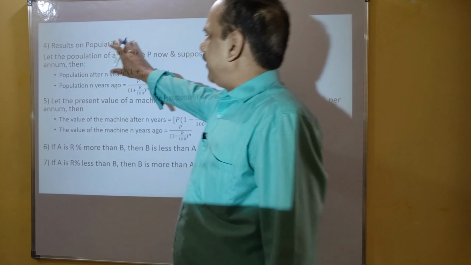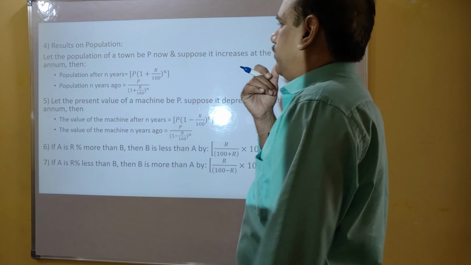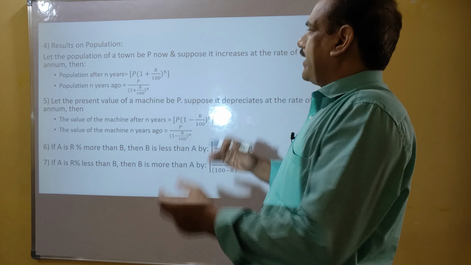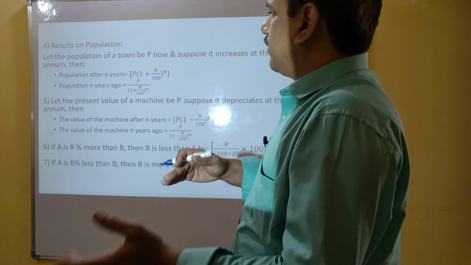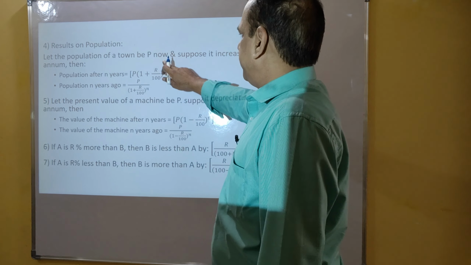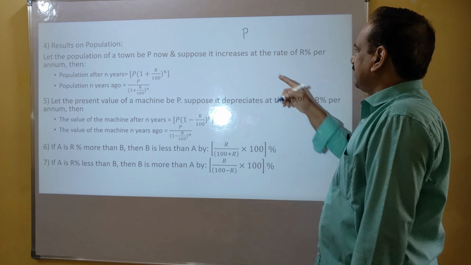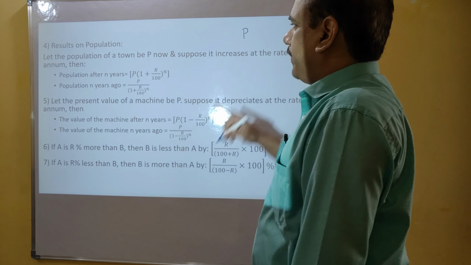Now results on population. Here you have a formula to calculate the population after n years and n years ago. Let the population of a town be P. Suppose it increases at a rate of R% per annum.